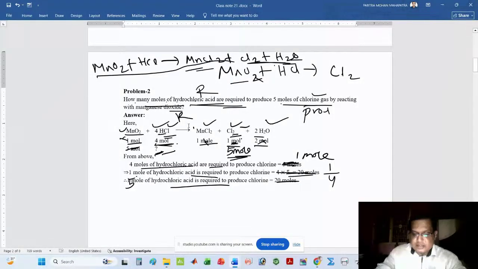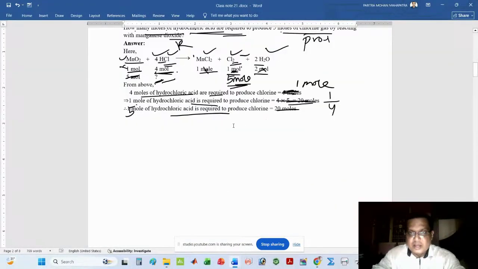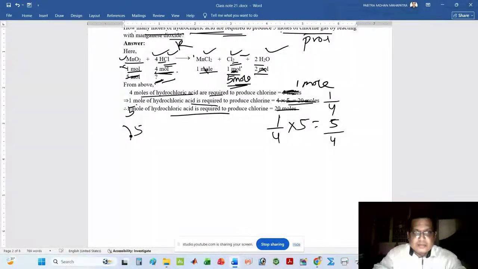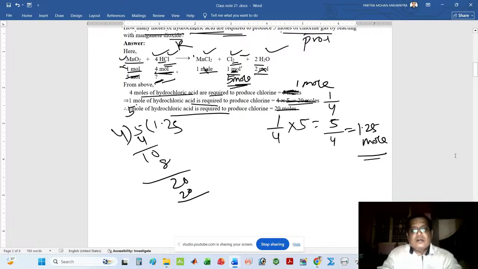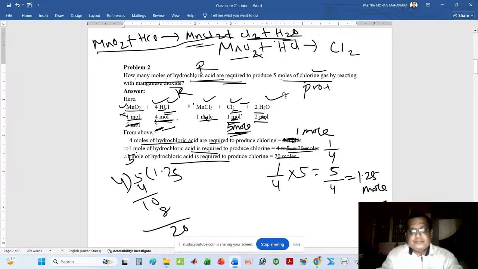Here 1 by 4 into 5, that is 5 by 4. If you want to solve this, then what is the value? 1, 10, that is 2, that is 8, next is 20, that is 5, that is 1.25 mole. 1.25 mole of chlorine gas is liberated.